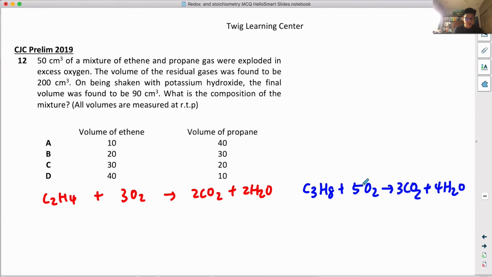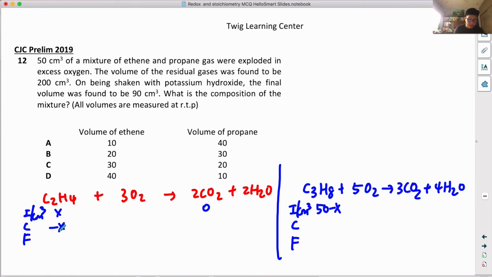Since the volume is 50, I'm going to put something like ICF: initial, change, and final. I'm going to let the volume for this one be x cm cube, all done in cm cube. If that's x cm cube, this is 50 minus x cm cube. So how much carbon dioxide will be produced?